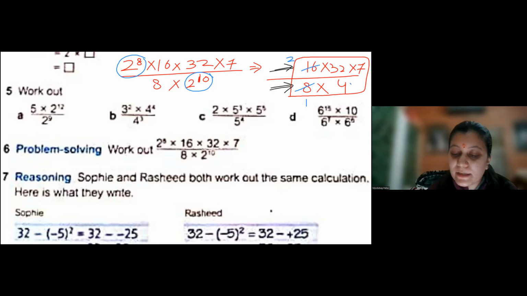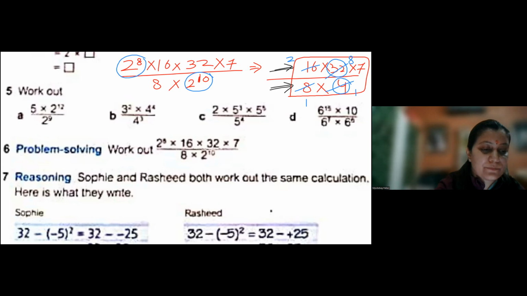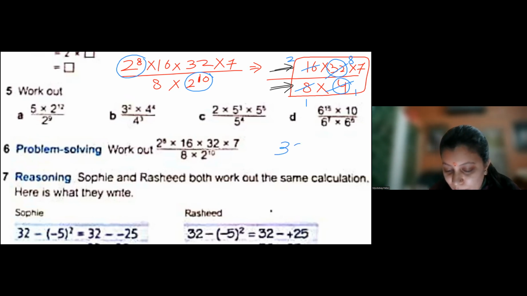Again, we see that here we have 4 and here we have 32. So can we cut? 4 ones are 4, 4 eights are 32. So what we are doing, we are simplifying. In the numerator it was 32, in the denominator it was 4. We knew that 4 ones are 4, 4 eights are 32, so we can cut it like this. For 16 also we had 16 over here, 8 over here.